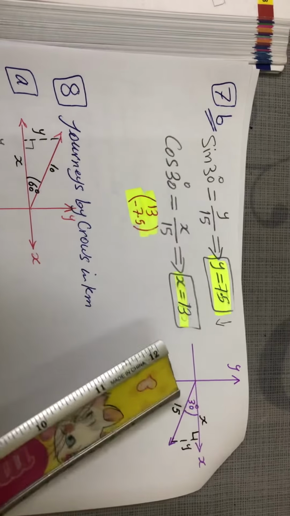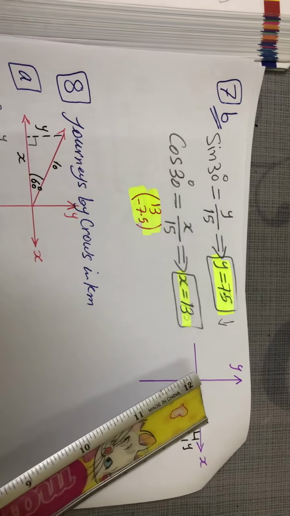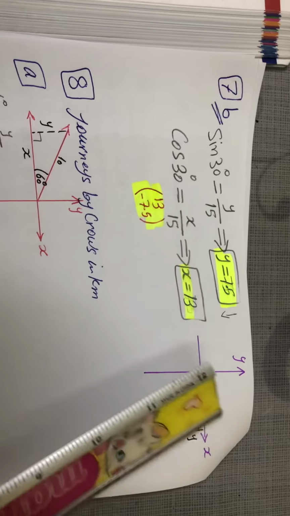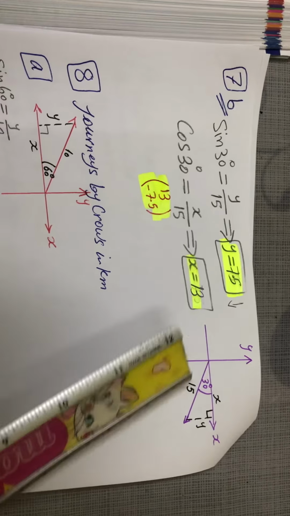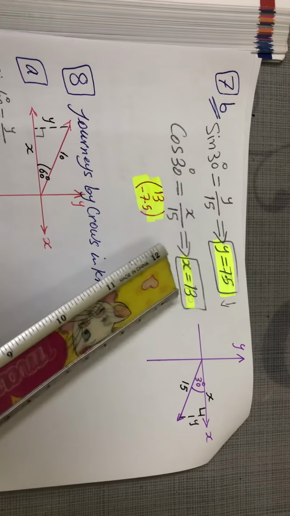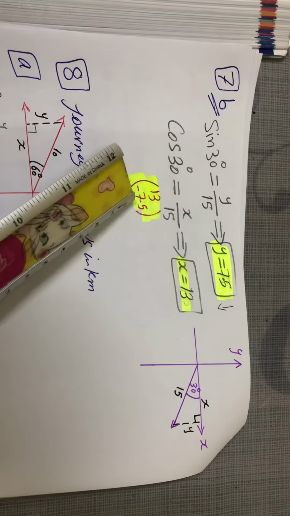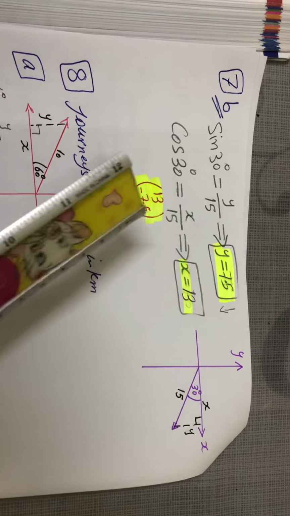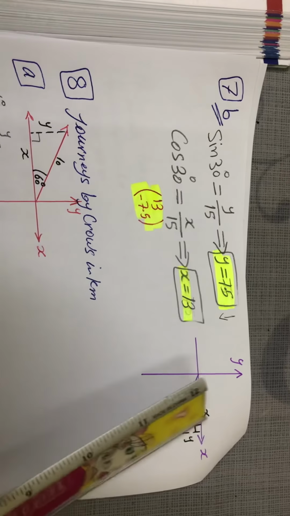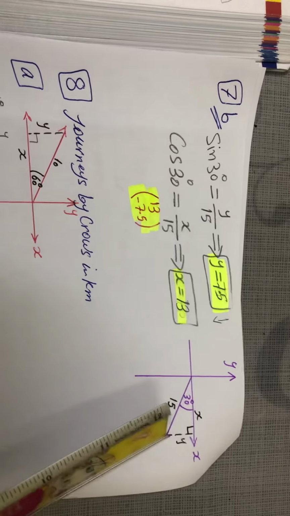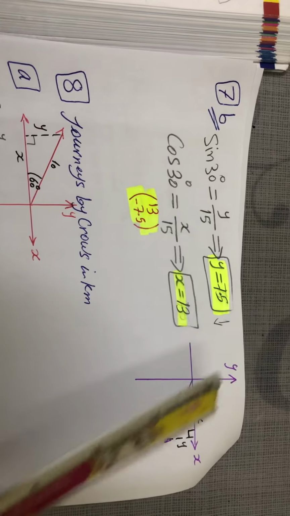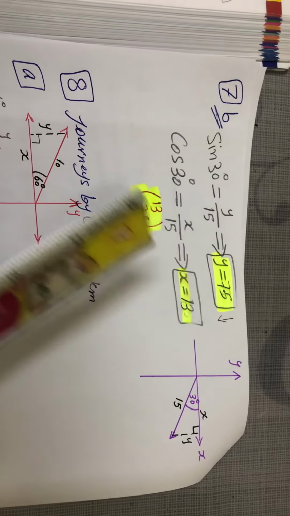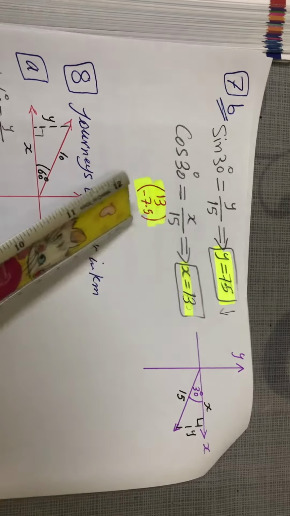What is the relation between x and the 30? It's adjacent, so I'll use cosine. Cosine 30 equals x over the hypotenuse, and calculate x. Now I'll write x up and y down, but x is on the right side, so positive. I'll keep 13 positive. y is down, not up, so negative. y is 7.5, so it will be negative 7.5.